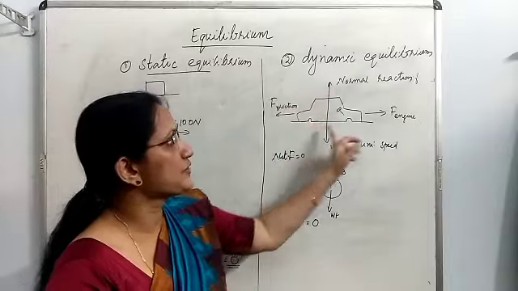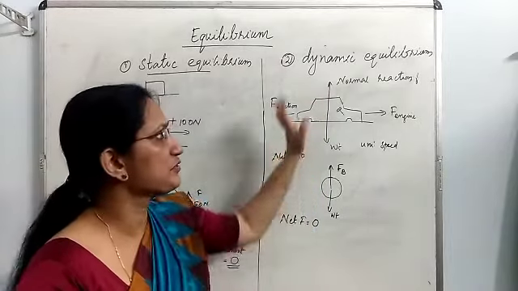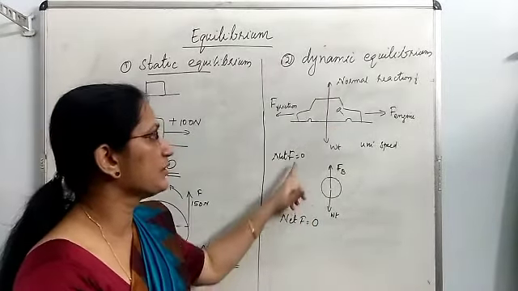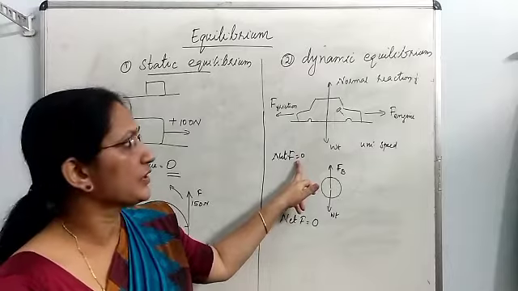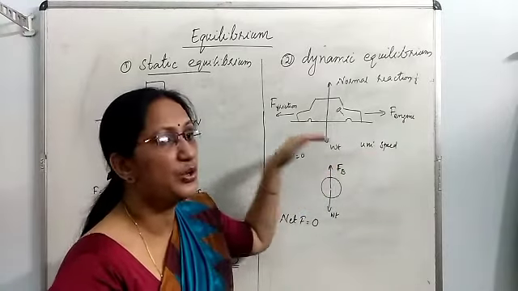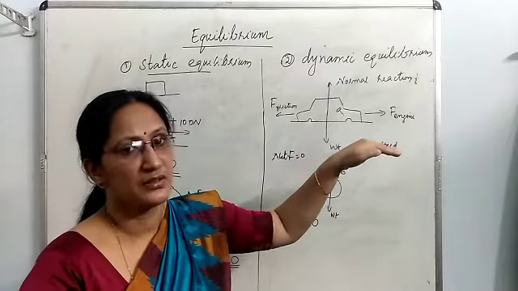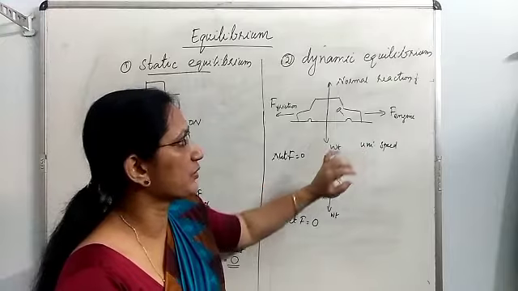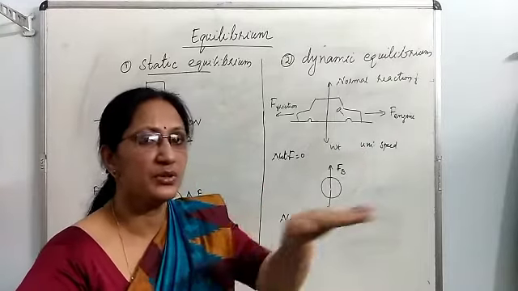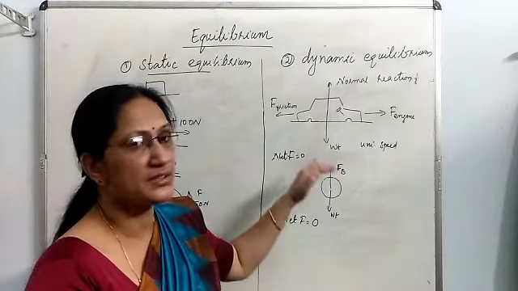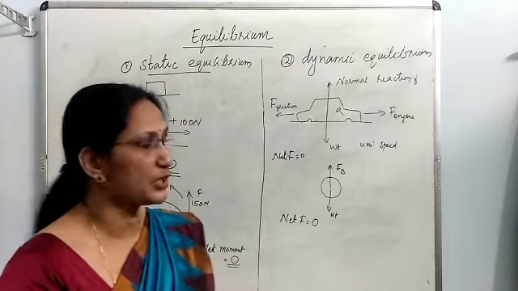If these four forces balance each other, the net force acting on the car will become 0. In that case, the car will go with a uniform speed. With a steady speed, it will move forward. The moving body will continue the motion as it is without any change. That is known as dynamic equilibrium.